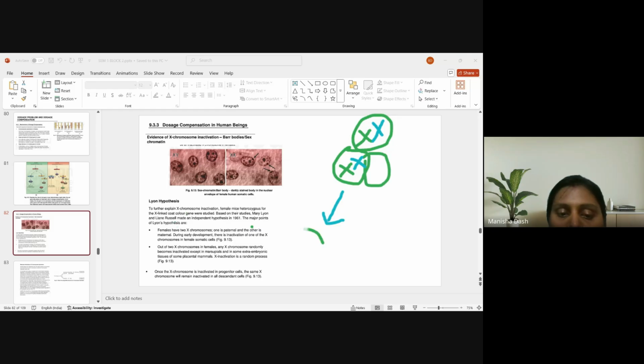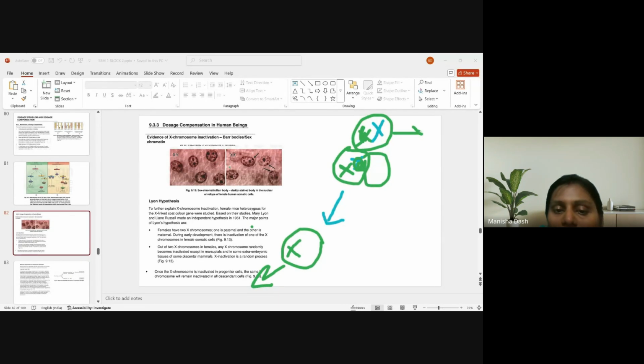But if in one of the cells, let's say here, this maternal gene remains active and the paternal gets inactivated, so in all the descendant cells, only the maternal X chromosome will remain active. Similarly, let's say here the maternal is inactivated and the paternal remains active.